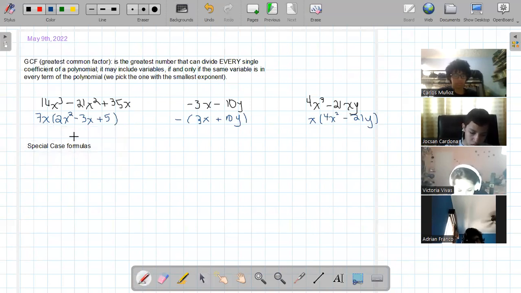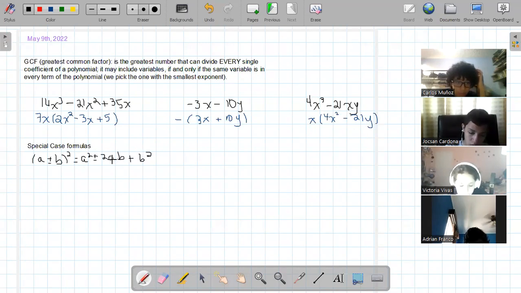We already have an index card with those formulas, for example, (a plus minus b) squared equals a squared plus minus 2ab plus b squared. So you know that this is a perfect square. If it's an addition, the first sign is an addition. If it is a subtraction, the second sign is a subtraction. Okay, this is two formulas.